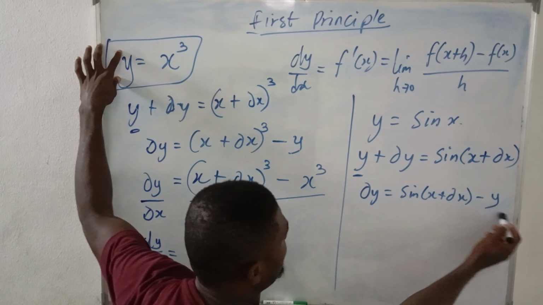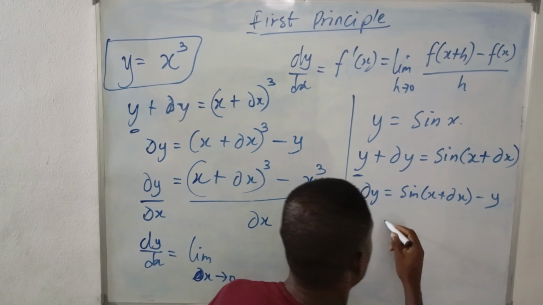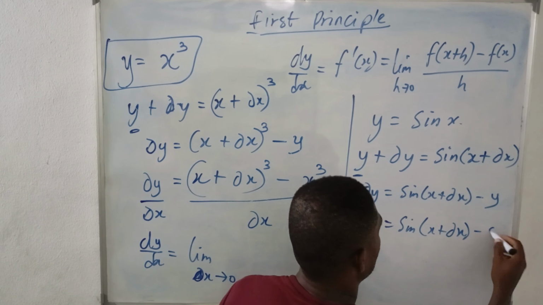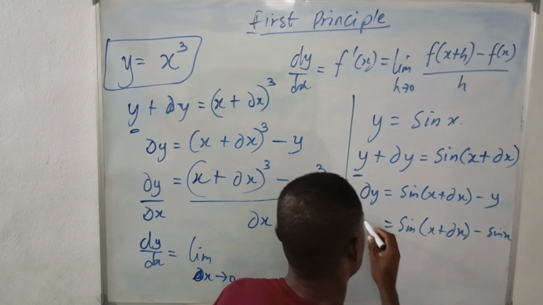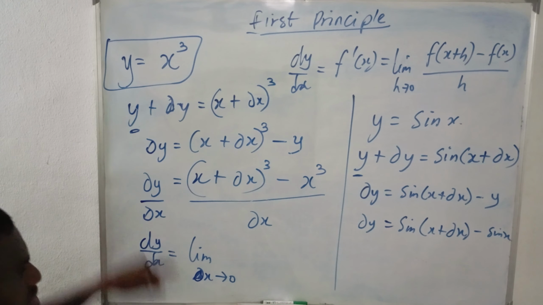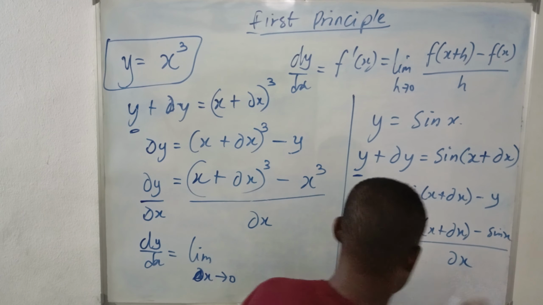So we're still going to do that again. Take back y equal to this, which will change again into sine of x plus dx minus sine of x. And then the last point is to divide both sides by dx. So we'll have to divide both sides by dx.